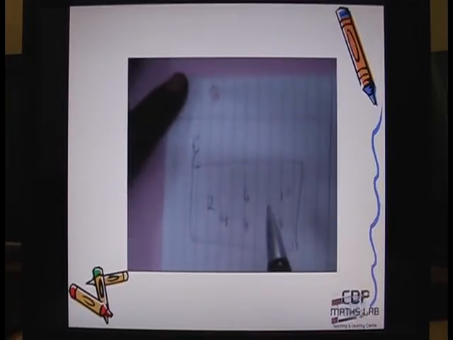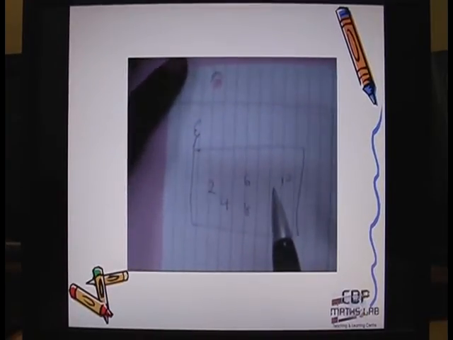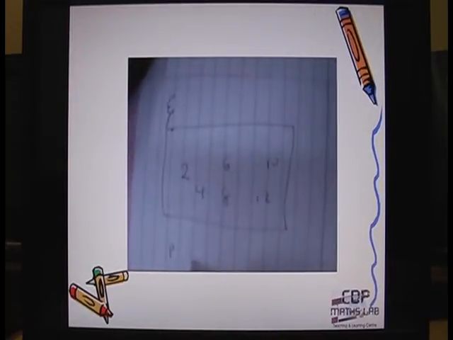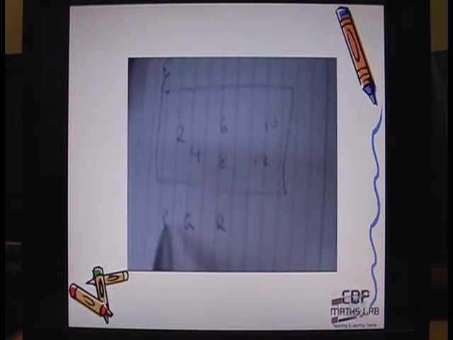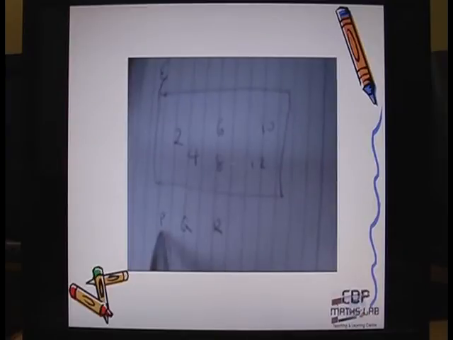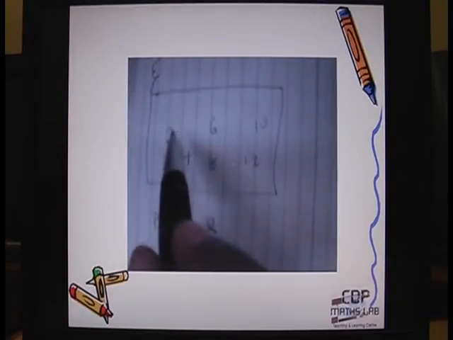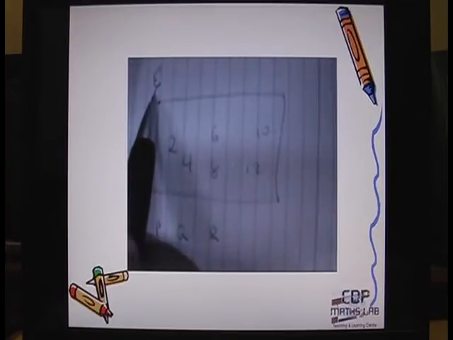Now it says the sets P, Q, and R each contain 2 members. Good? Now you have 3 sets: P, Q, and R. So what we're saying then is that each of these sets is a subset of the universal set.